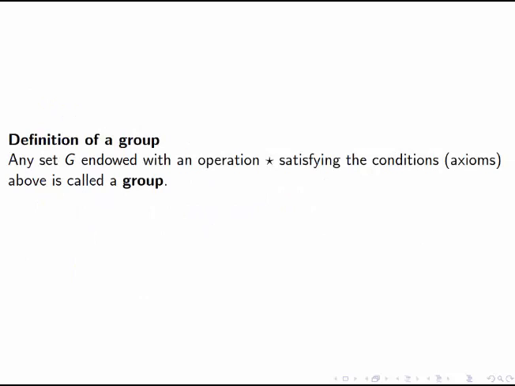Alright, so whenever we have a set which is endowed with an operation star satisfying all of the conditions or axioms stated above, then we'll say that we have a group. It makes sense to look at some examples here, right?